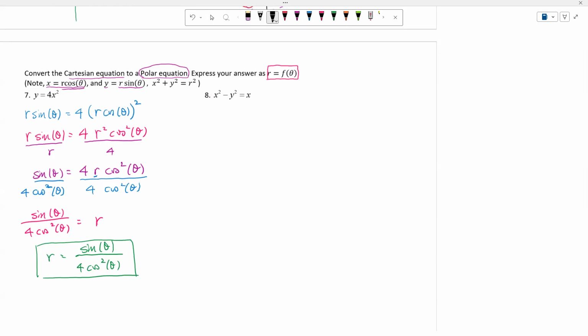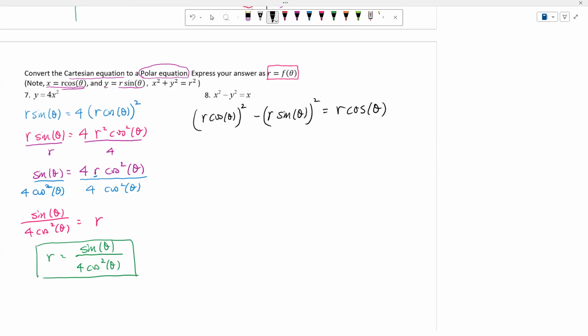Let's see how we actually work out this problem. Basically I would like to change x to r cosine of theta, squared, minus r sine of theta, squared, equal to r cosine of theta. Again, we convert to polar equations, and right now we would like to solve for r.